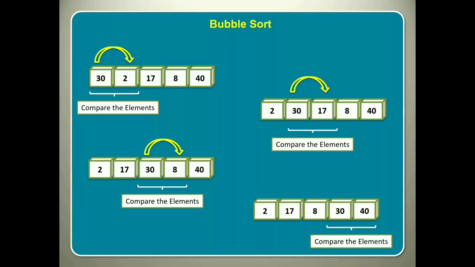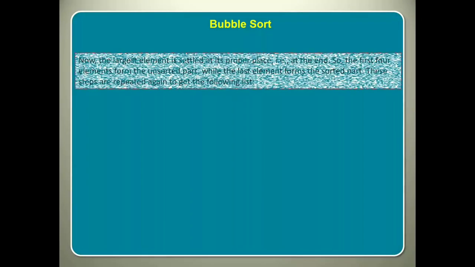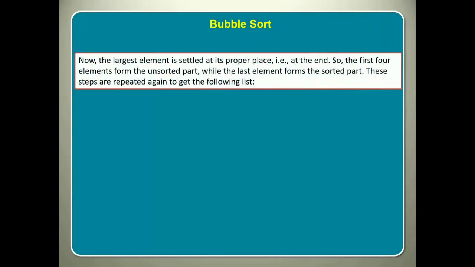Since they are in order, there is no change in the list. 2, 17, 8, 30, 40. Now the largest element is settled at its appropriate place, that is, at the end. So the first 4 elements form the unsorted part, while the last element forms the sorted part.